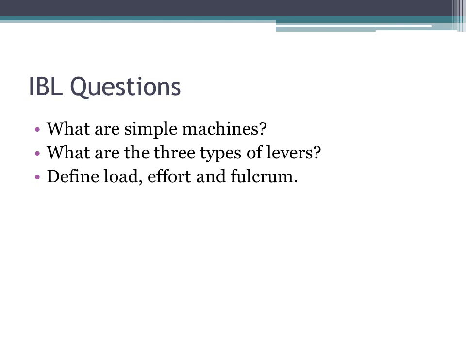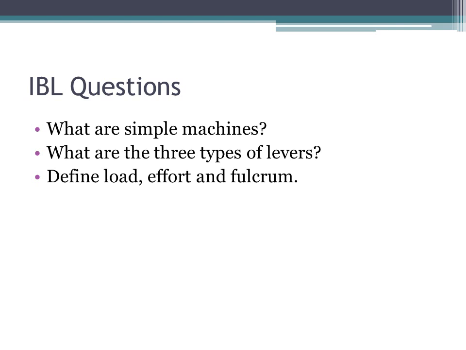So write this down. First, what are simple machines? And second, what are the three types of levers? First class lever, second class lever and third class lever. Third one, define load, effect and fulcrum. What is a load?